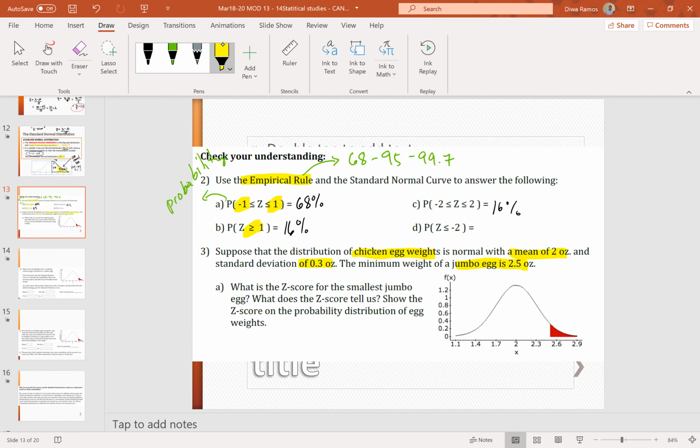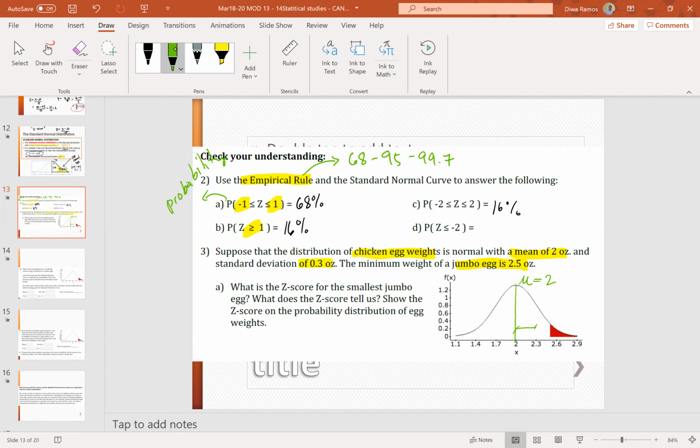So we have a couple of chicken eggs. The weights are normally distributed. The mean is 2. You can find it at the center. The standard deviation is 0.3, so you can expect the spread to be 0.3 from the center. It spreads out around 0.3 each time.